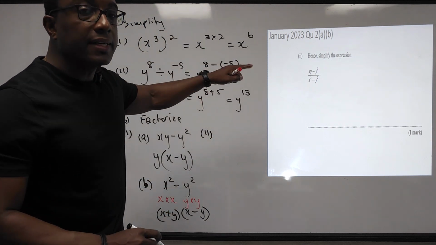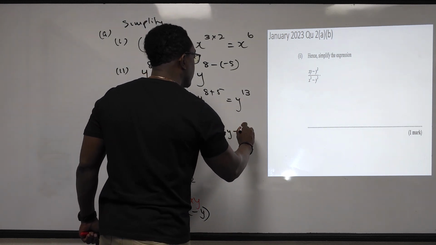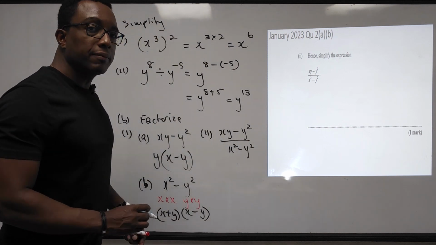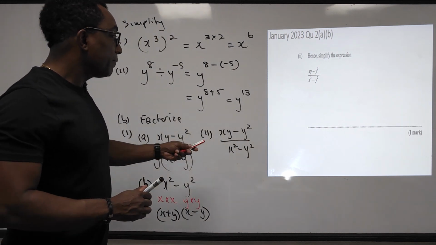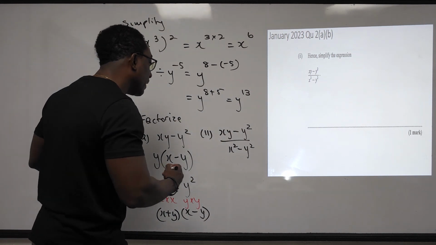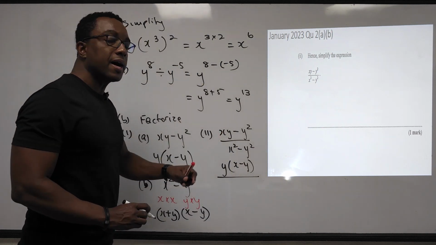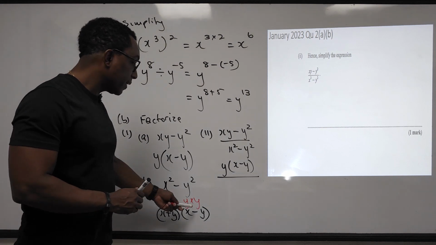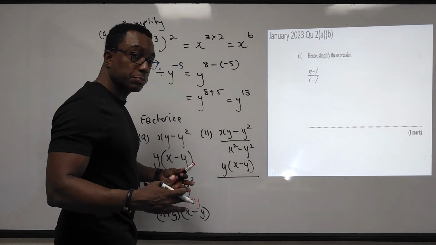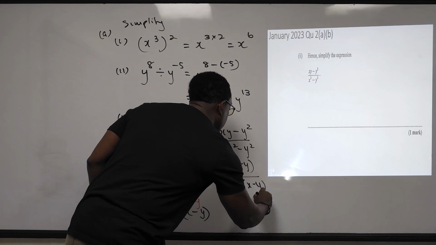Hence simplify that expression. So we want to simplify this expression, which is xy minus y squared over x squared minus y squared. We would have done all the work previously. We would have factorized xy minus y squared to get what we have here, which is y into x minus y, over, we have factorized x squared minus y squared, and we're going to replace x squared minus y squared with its product of factors, which is x plus y, x minus y.